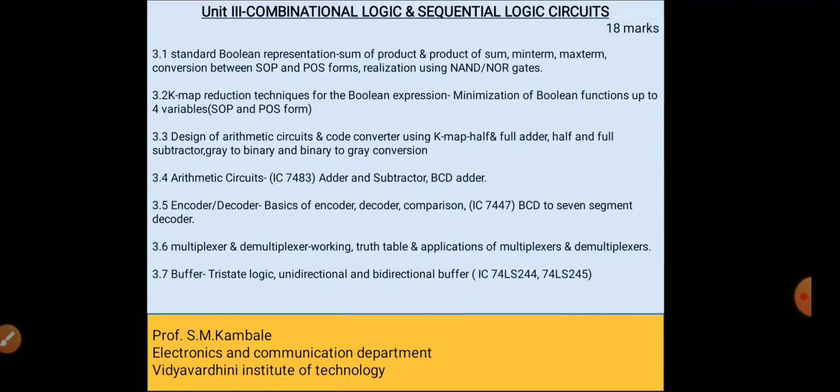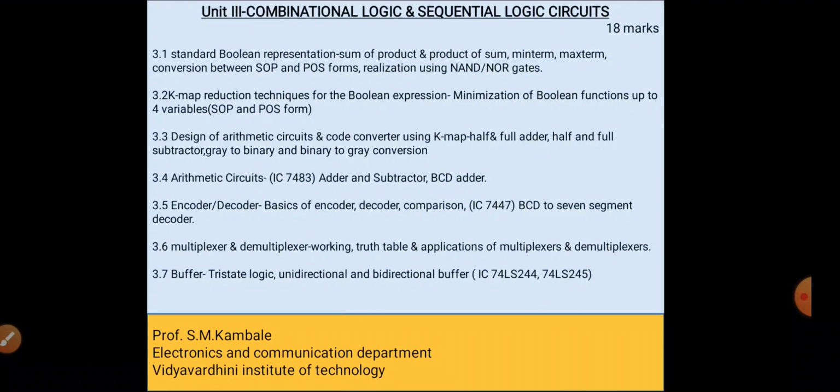Min term means each individual term in the SOP form, that is sum of product form, is called a min term. Max term means each individual term in the POS form, that is product of sum form, is called a max term. Min term is related to the SOP and max term is related to the POS.